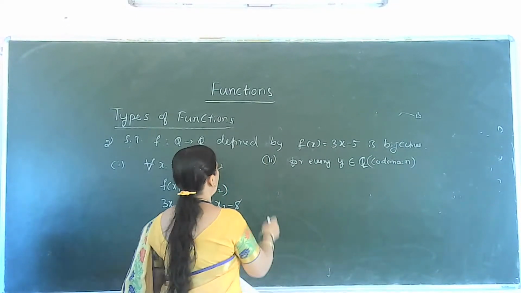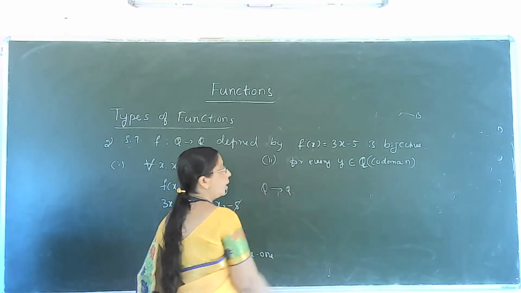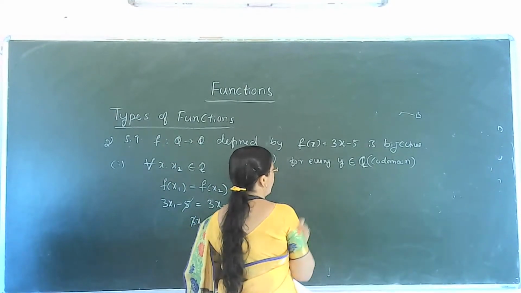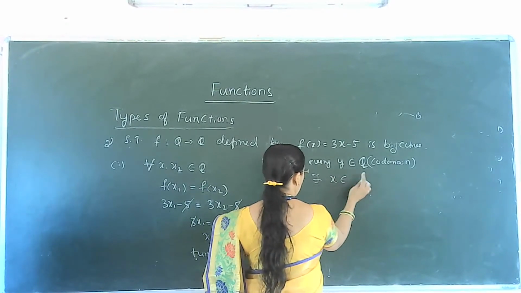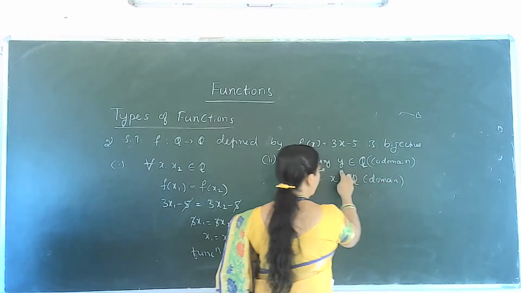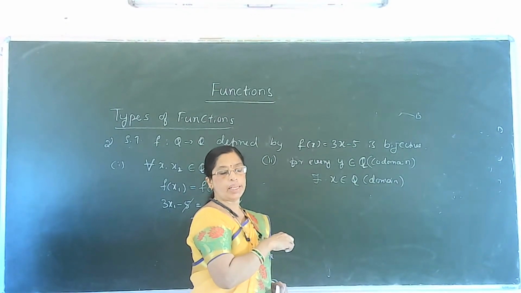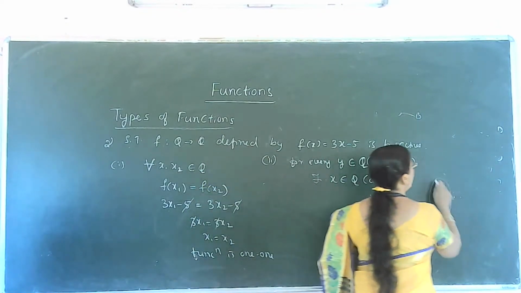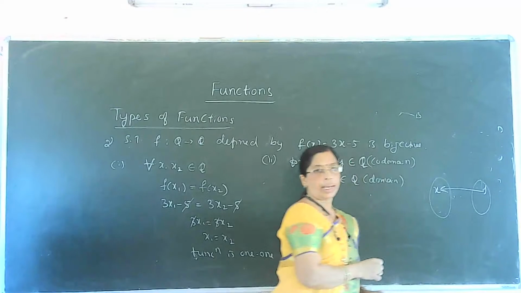Q is the codomain because here the domain is Q and the codomain is also Q. Then there exists x belonging to Q, the domain. Every y belonging to the codomain should have a pre-image in the domain.